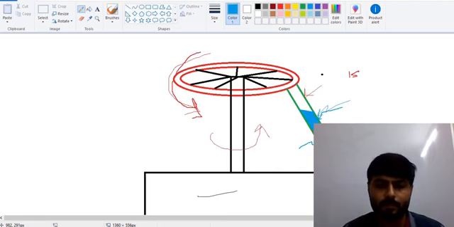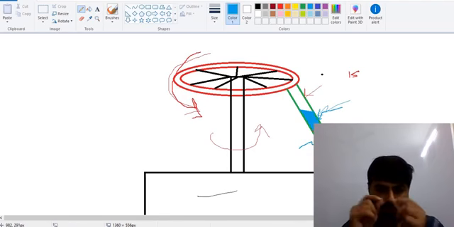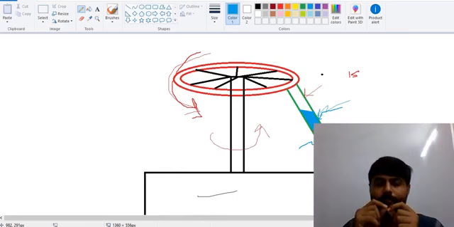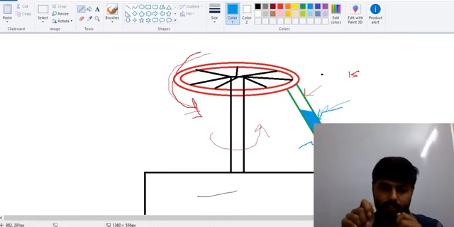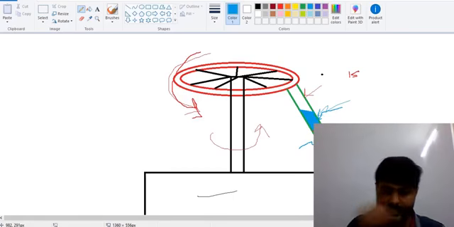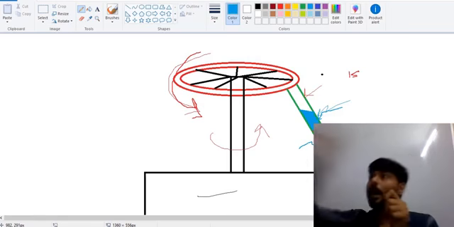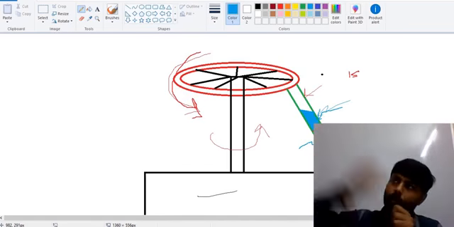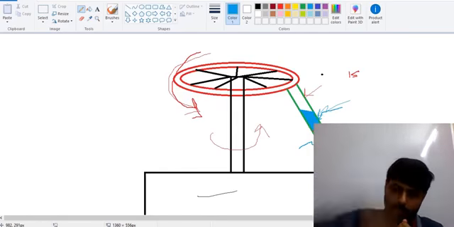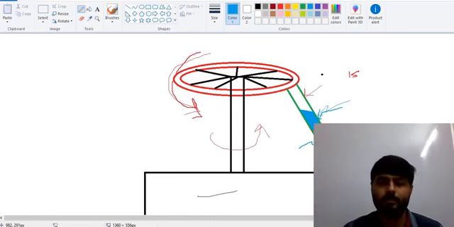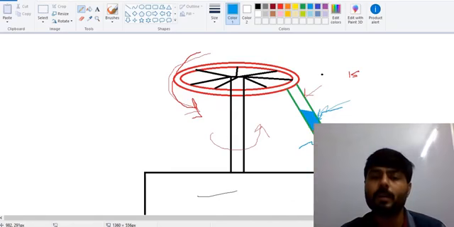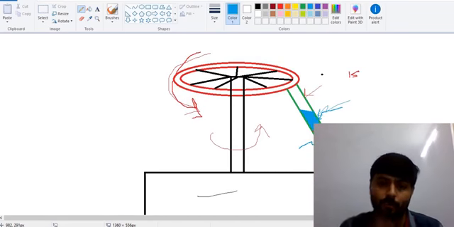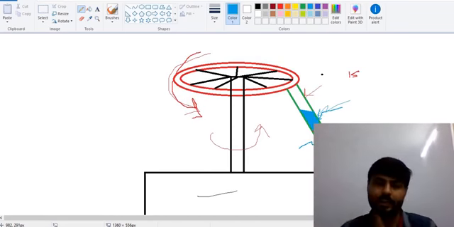For example, if we rotate a stone that is attached to a thread, and if you rotate it and then release it, what will happen? That stone will move outward. It will not move inward. Why? Because there is one force that is acting outward.